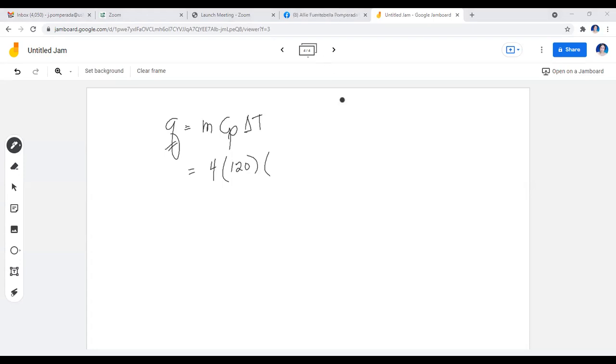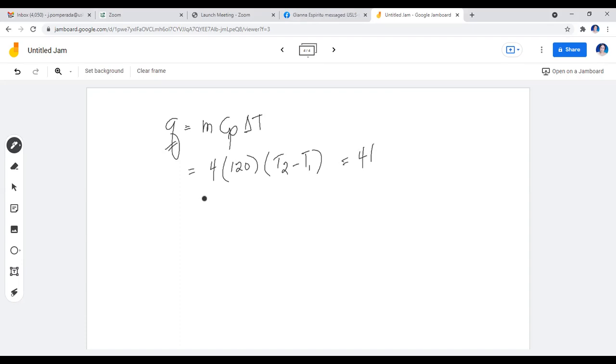That would be 5. Correct, Excel. That would be 5 because this delta T is the final temperature minus the initial temperature of your fluid, so that you will be able to account for the amount of heat that was transferred to it. Now we will substitute values.